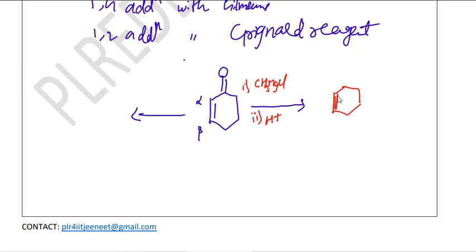There is no change in it. Next, this ketone becomes alcohol. This CH3 minus is attacking here. Then this ketone group is becoming alcohol.